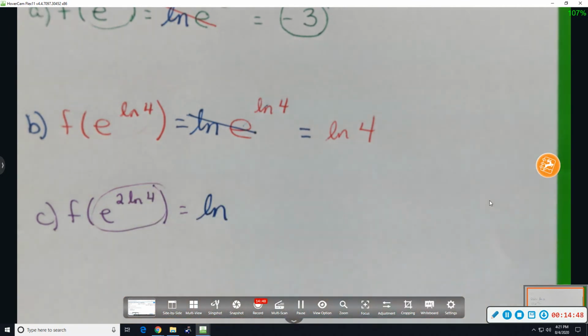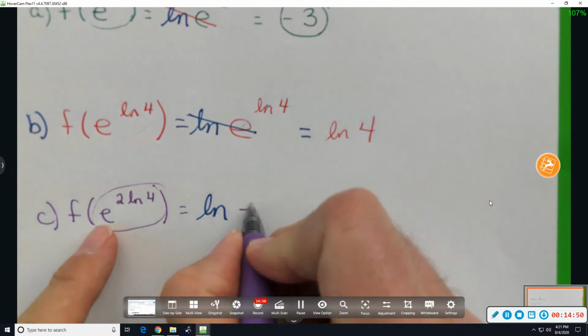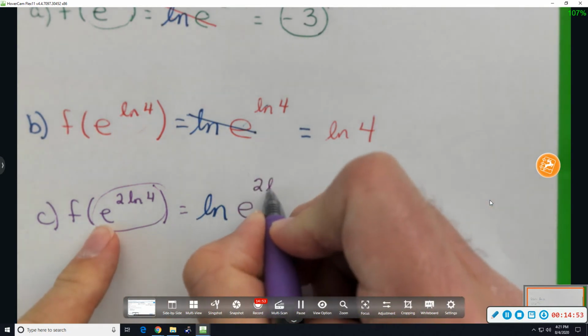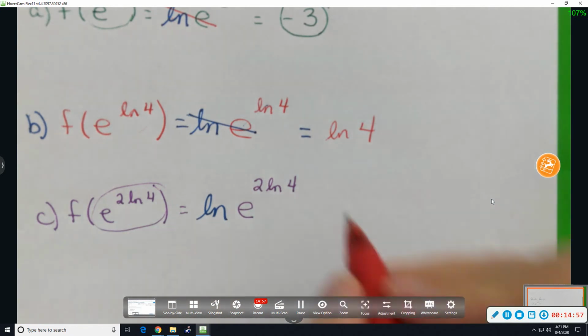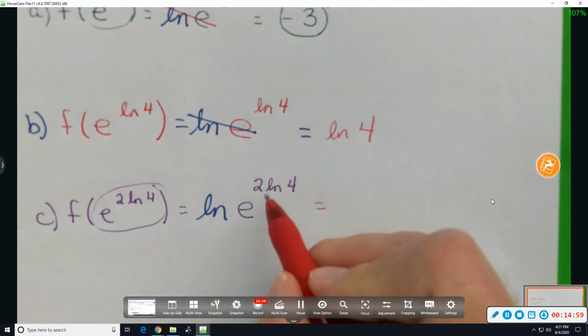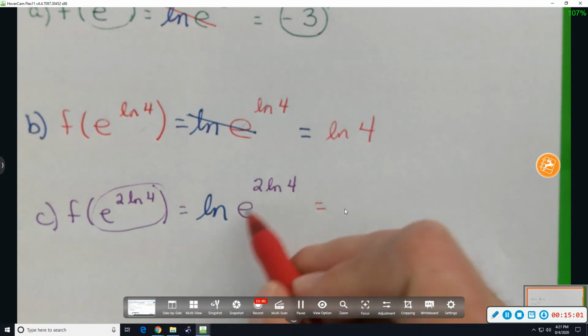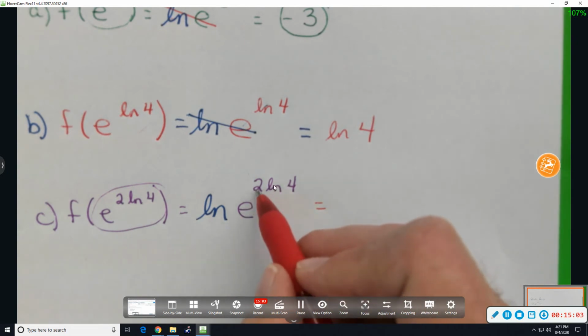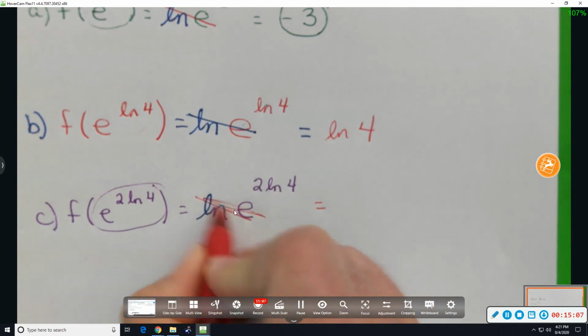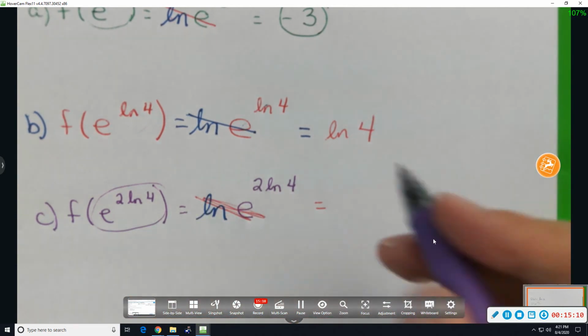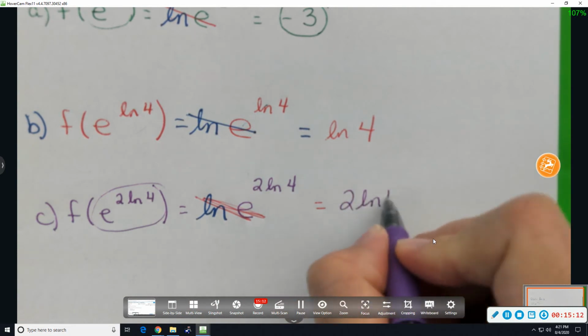In place of the blue x, we have the purple e to the 2 ln 4. Now, in this one, you don't have two options on how to cancel. You can't cancel the purple e and the purple ln because there's a number in between them, not being performed consecutively. There, you can cancel those, leaving you the purple 2 ln 4.